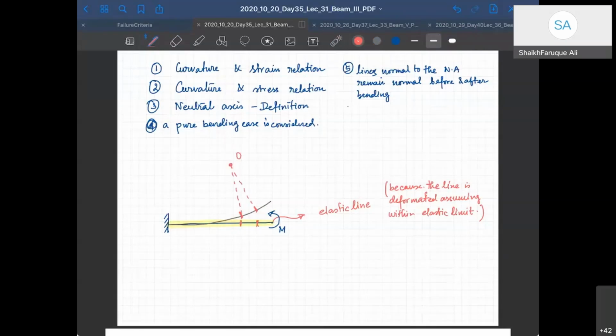Point 6: since it is pure bending, the beam will form a circle while bending.